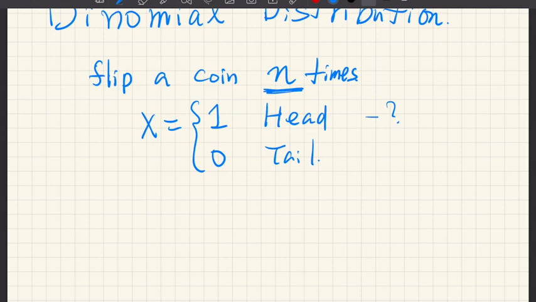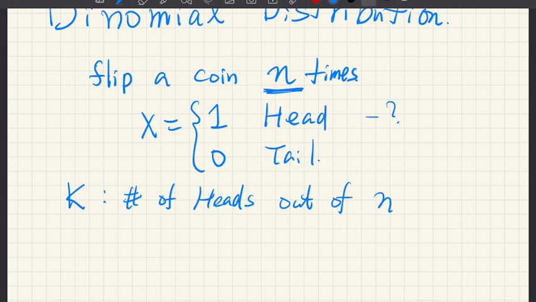Okay. So this number of heads is a random variable.